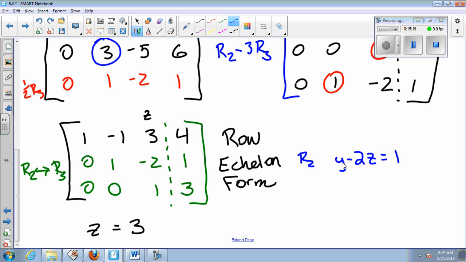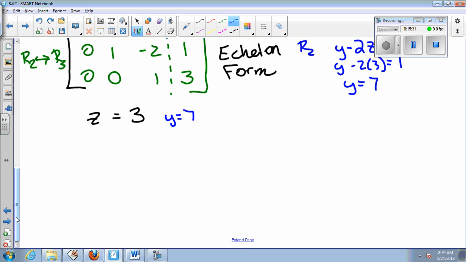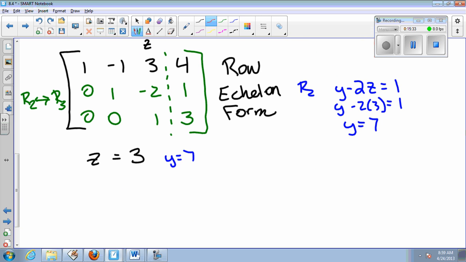So to use back substitution, y equals 7. And then from row 1, we see that x minus y plus 3z equals 4. So we plug in our y and z.